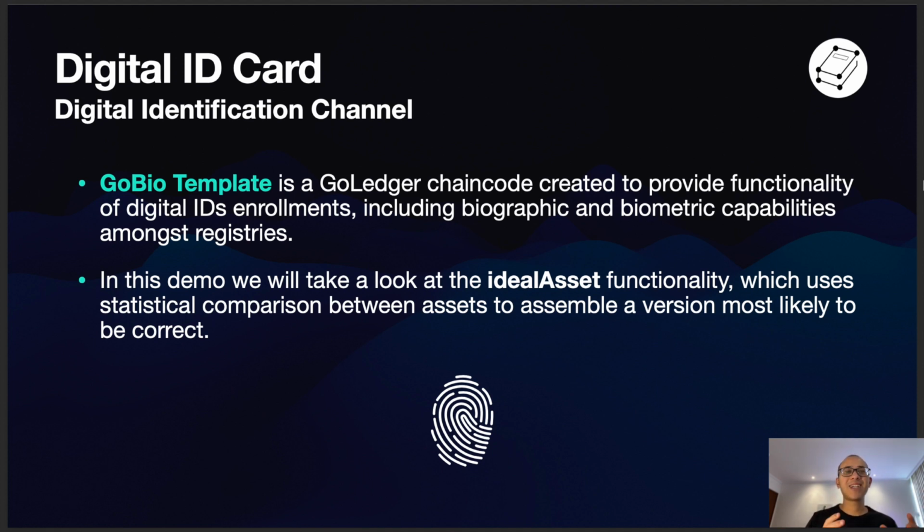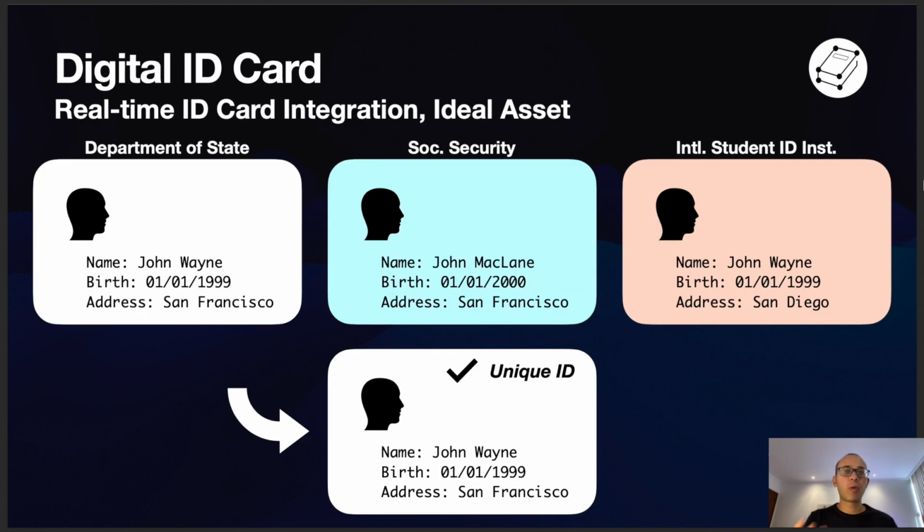And the ideal asset is pretty much a transaction that uses a statistical comparison between different registries to assemble a version that is more likely to be correct. So, for example, let's imagine that we have three organizations maintaining their own registries of a person. Maybe in one of them, a middle name was registered instead of a last name, or, for example, there is an error registering the birth date, or the address is an old address.